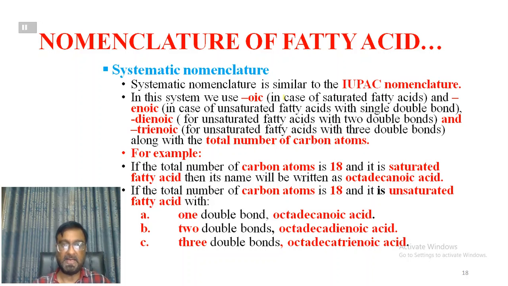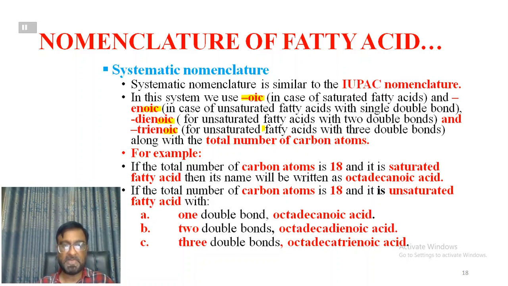So that contains the oic ending. So enoic means, in case of the unsaturated fatty acid, it is containing only a single double bond. Dienoic means 2 double bonds. Trienoic means 3 double bonds.